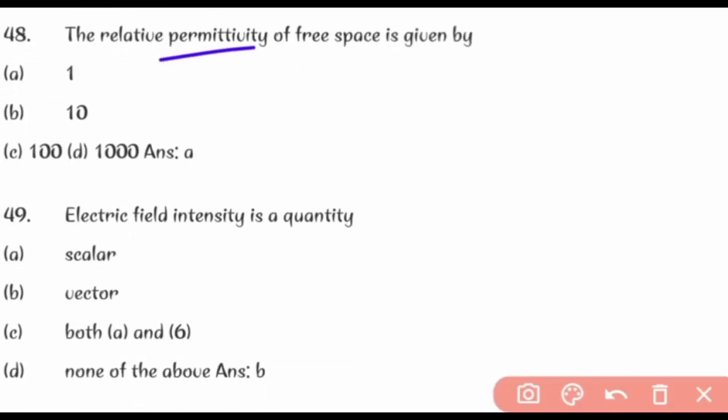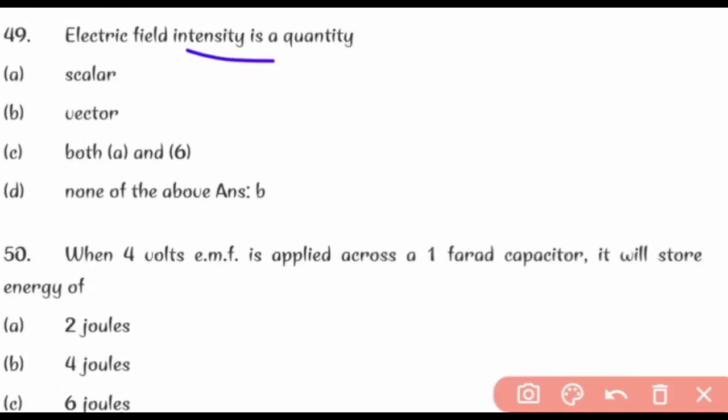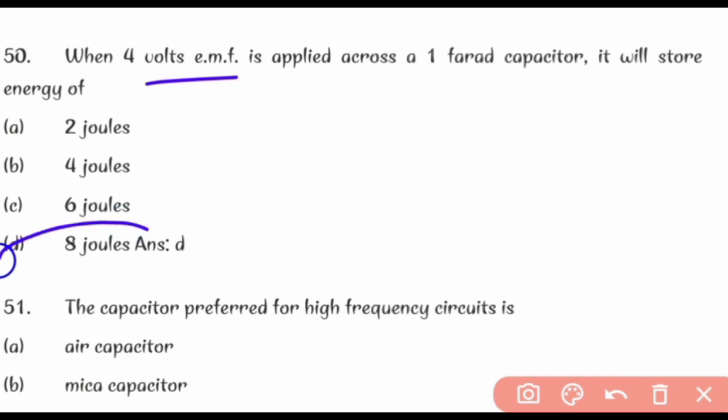The relative permittivity of free space is given by 1. Electric field intensity is a vector quantity. When 4 volts EMF is applied across a 1 farad capacitor, it will store energy of 8 joules.